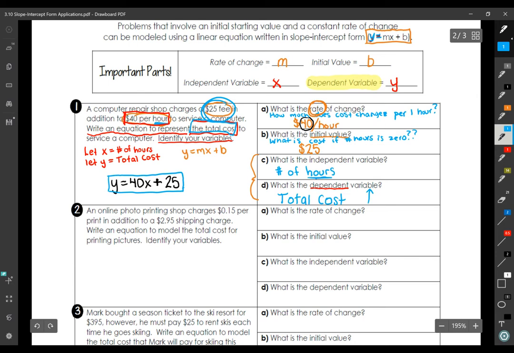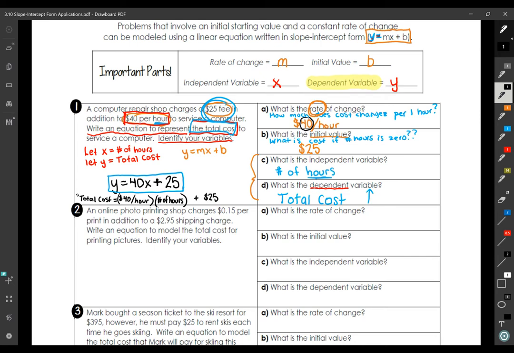And now I could actually write a word equation. I could say that total cost is equal to, and now I am going to use units, $40 per hour. And remember, what is our x? x is the number of hours, plus $25.